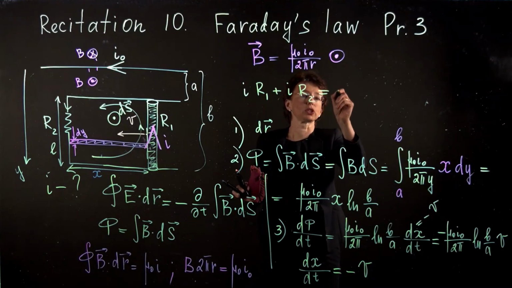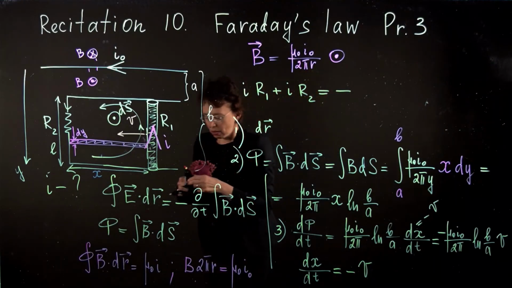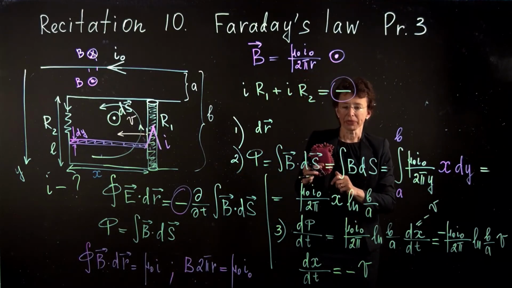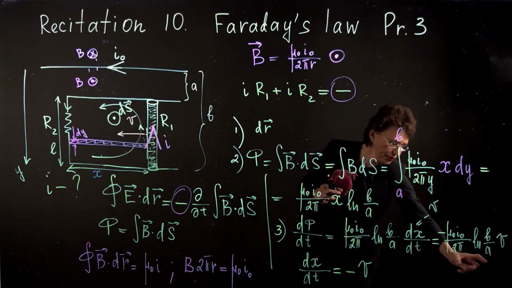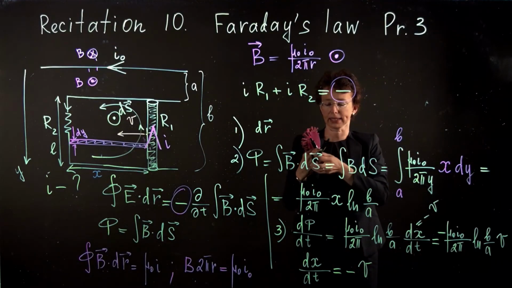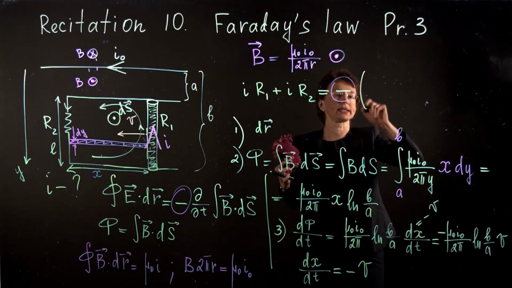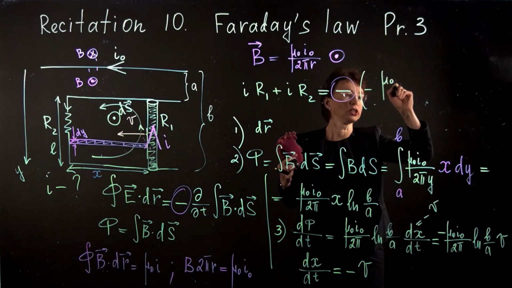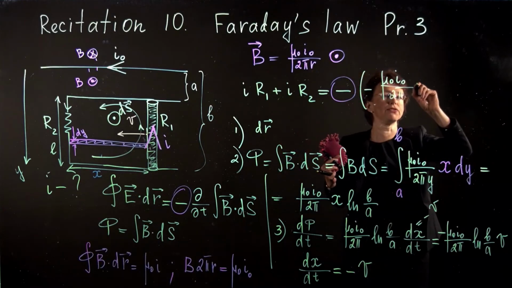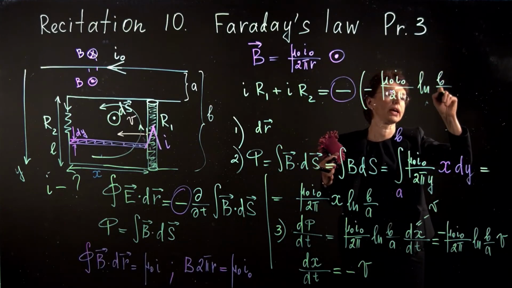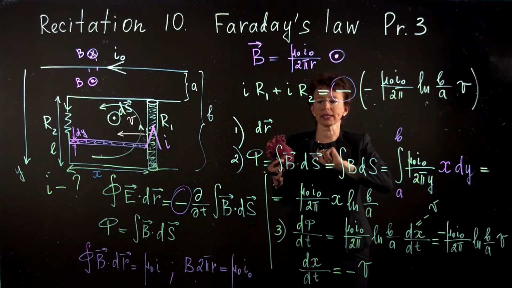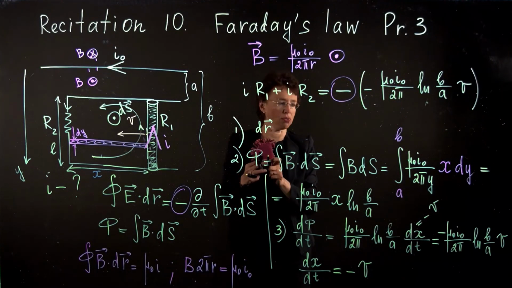And this is equal to minus from Lenz's law, and then d phi dt that we already found. So this d phi dt is equal to minus mu naught I naught over 2 pi, and then logarithmic function b over a and v, minus minus plus, and finally we have our final answer.